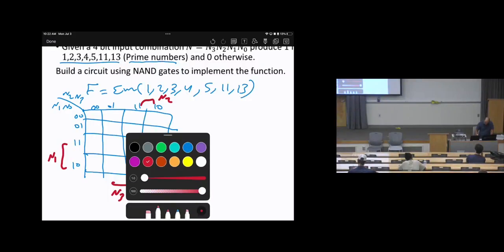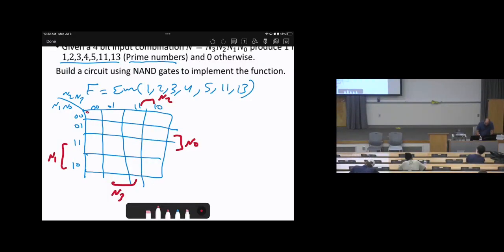Now let me write the minterms location. 0, 1, 2, 3, 4, 5, 6, 7, 8, 9, 10, 11, 12, 13, 14, 15. Now let's put the location of ones.